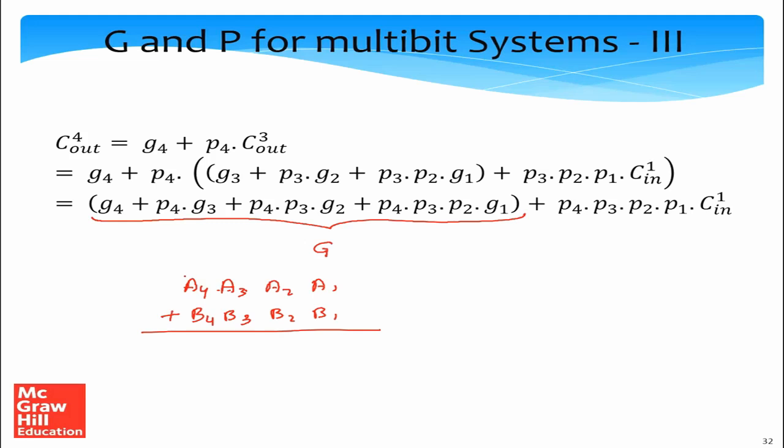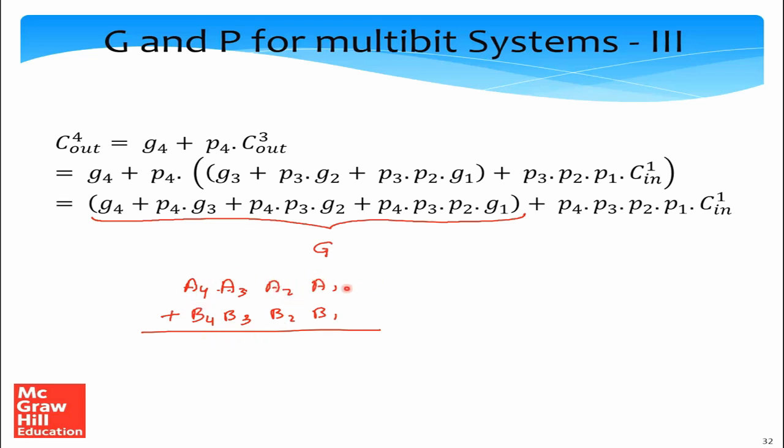It will generate when either this bit pair over here is generating, which we see over here, or this bit pair is propagating and this bit pair is generating, or these two are propagating and the carry is being generated here, or all of these three are propagating and a carry is being generated over here.